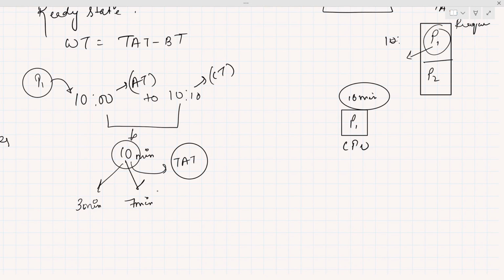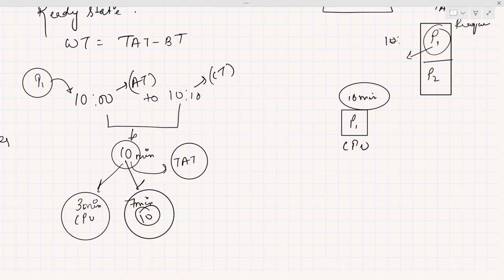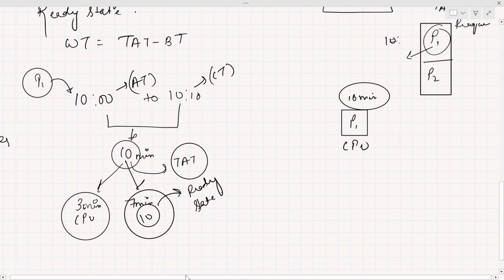Let's say for 3 minutes the process is really executing, and for 7 minutes it performs an IO event, which means the process is in a ready state. So, 3 minutes for executing and 7 minutes to collect an IO event.